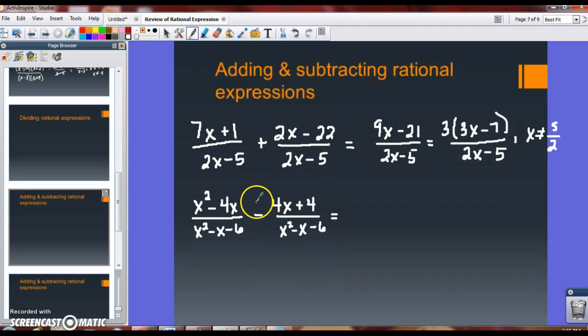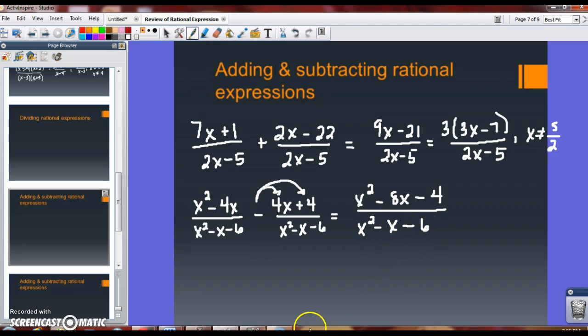So that negative needs to be applied to the 4x as well as the 4. Okay, so when we distribute that, we end up with x squared minus 4x minus another 4x. So we end up with x squared minus 8x minus 4. All of that over x squared minus x minus 6.